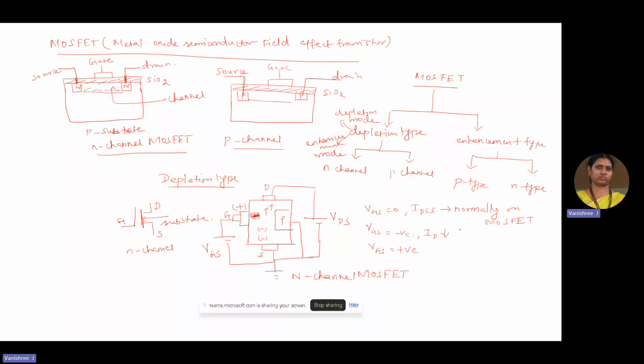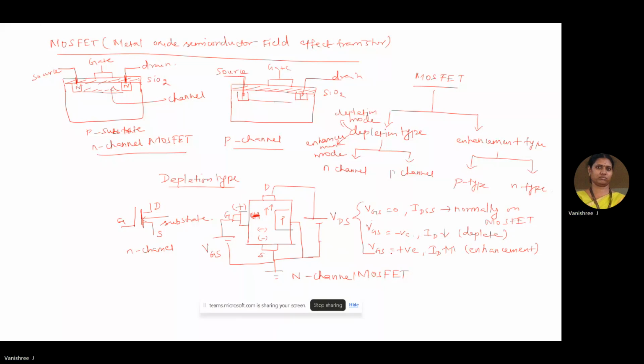In the previous case, there is a depletion of the charge carriers, so that is why it is called depletion mode. Whereas when the gate source voltage is positive, there is an enhancement in the drain current. The drain current increases in its value, so this is called enhancement mode operation. That is how the depletion type MOSFET works for all the three values of gate source voltage.